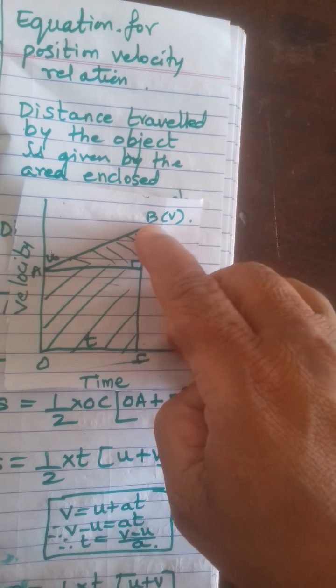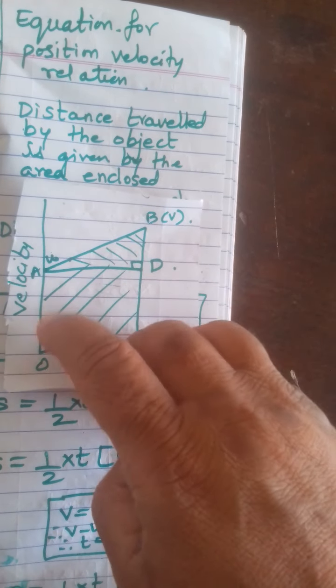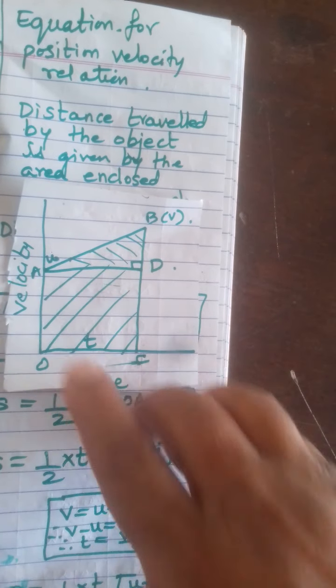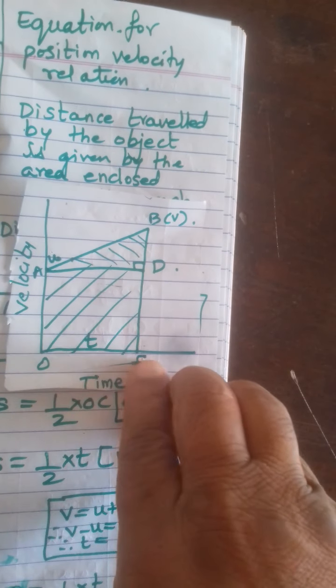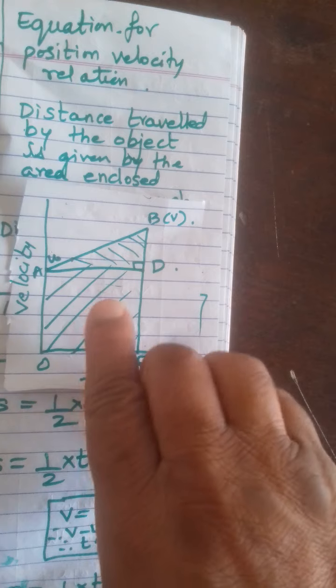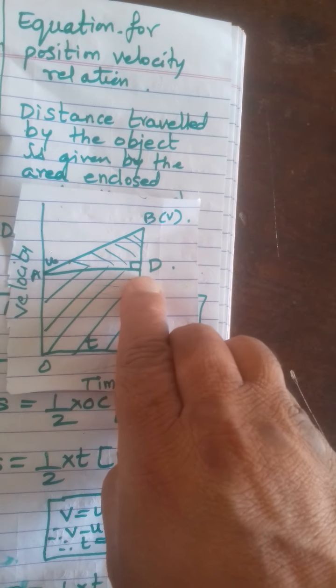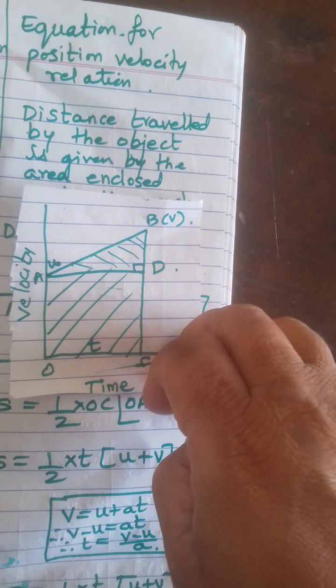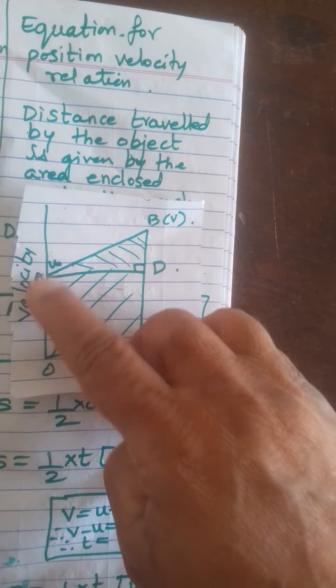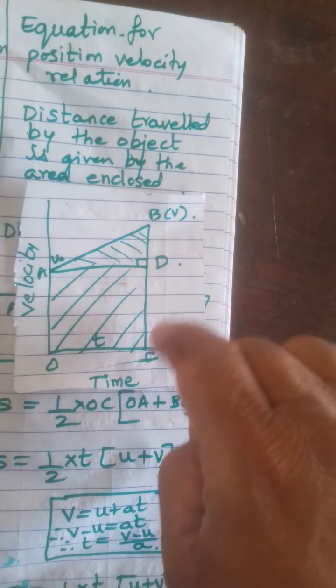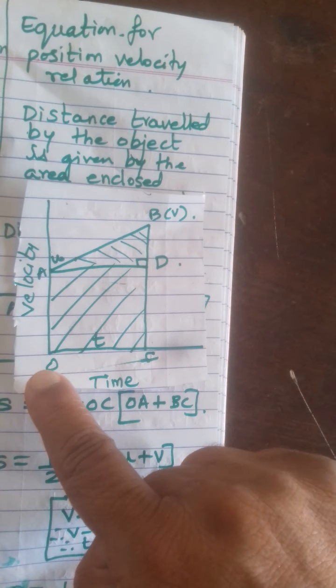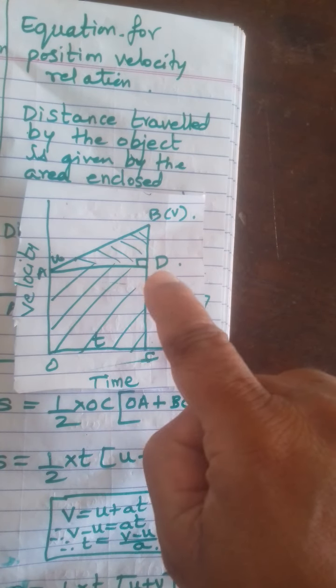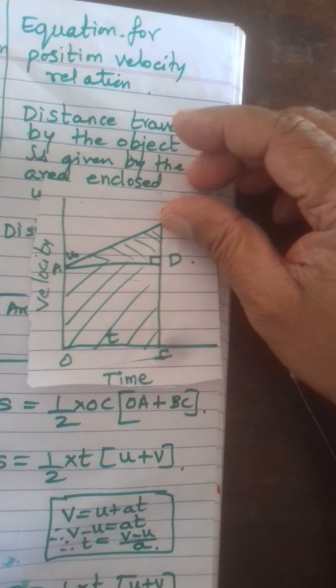Final velocity is represented by BC, initial velocity by OA, time by OC. Now we have drawn AD perpendicular to BC. If AD is perpendicular to BC, then OADC becomes a rectangle. So OC is equal to T, then AD is also equal to T.